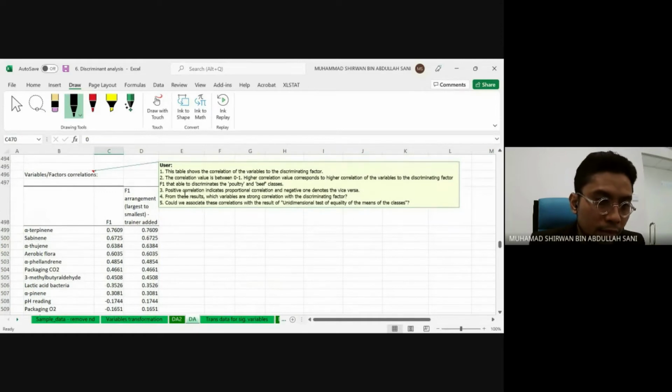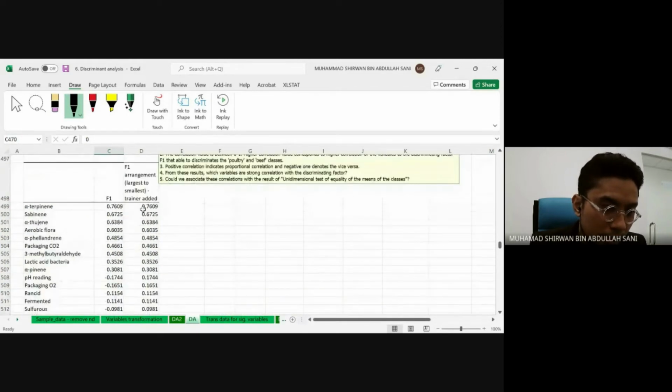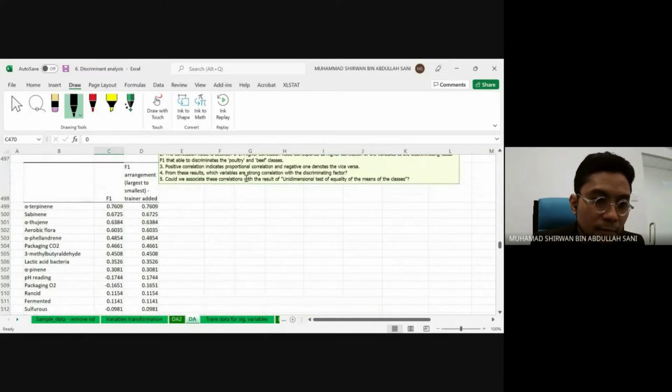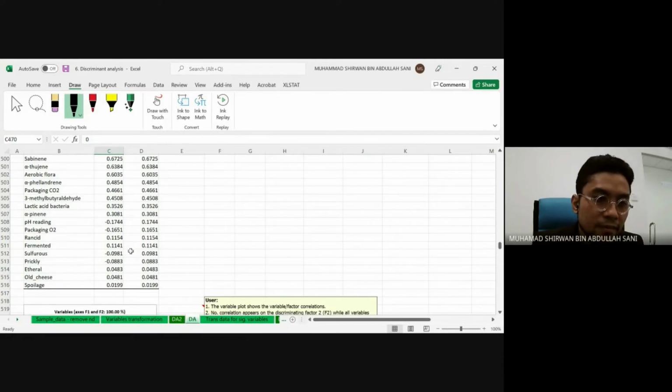Okay. Positive correlation, dalam ni dia ada negatif dengan positif kan. Okay. Positive sign indicates a positive correlation. Negative sign indicates negative correlation.